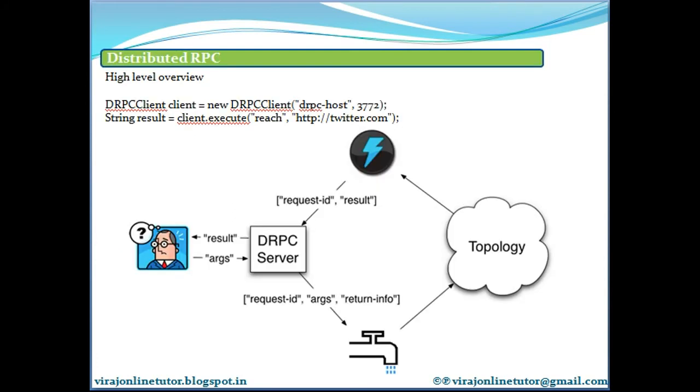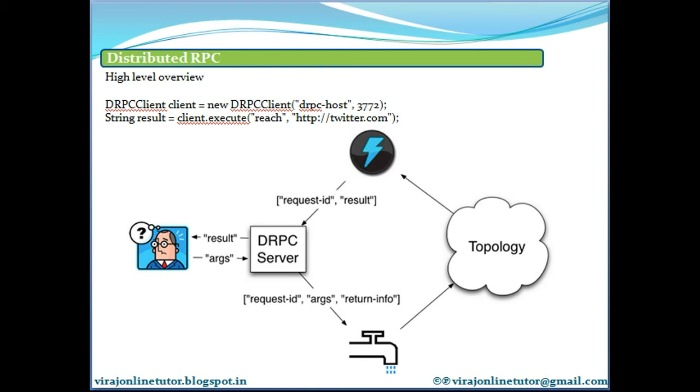Now we'll discuss a very important component that is used in Storm, that is distributed RPC. The idea behind distributed RPC is to parallelize the computation of really intensive functions on the fly using Storm.